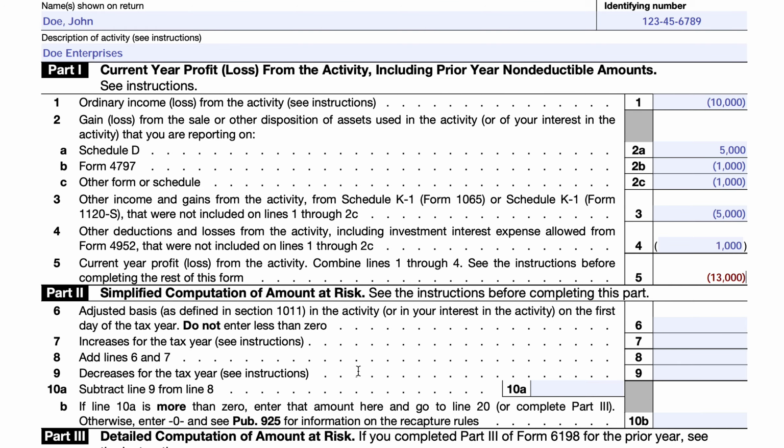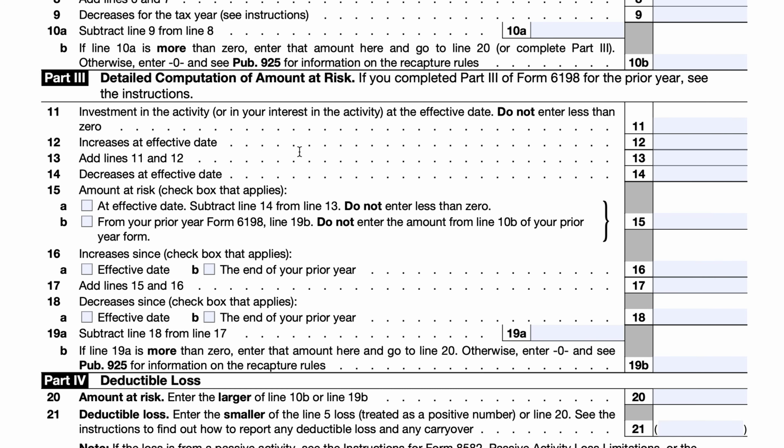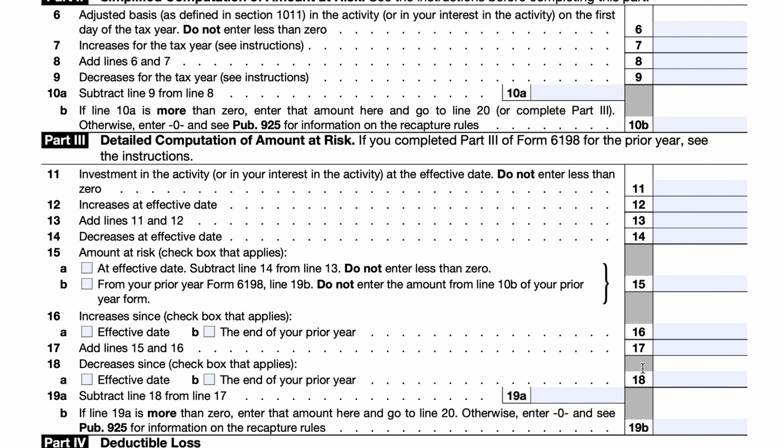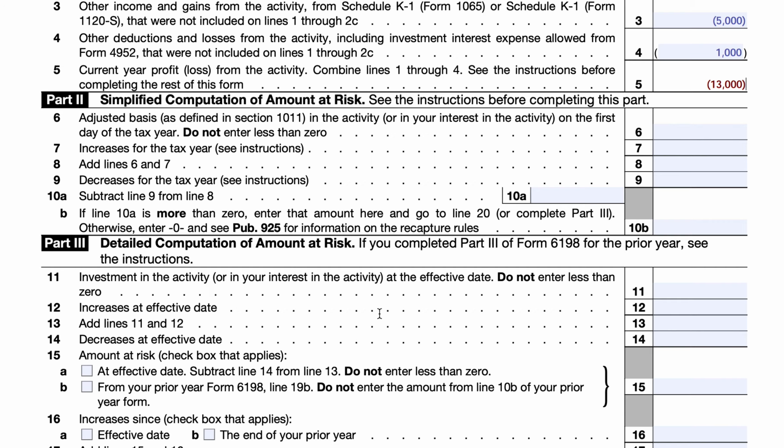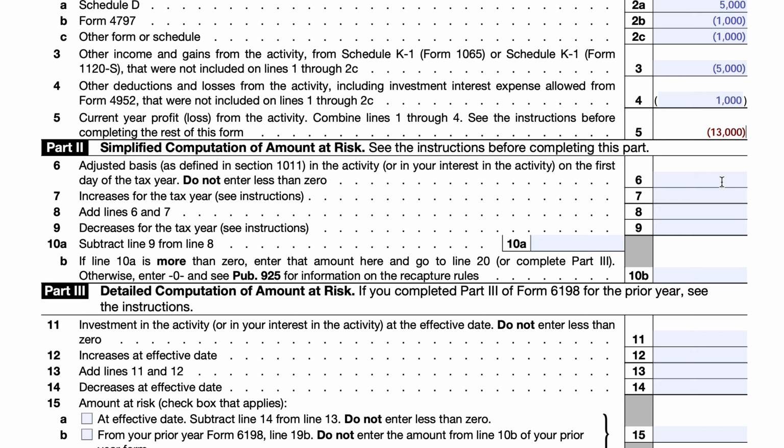You can run two separate calculations, and then you're going to enter the bigger one of either line 10B or line 19B. But again, if you use part 3, you don't have to go back and do part 2.